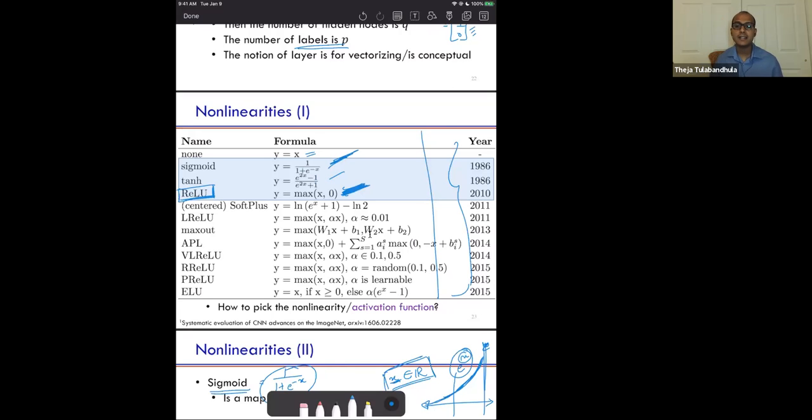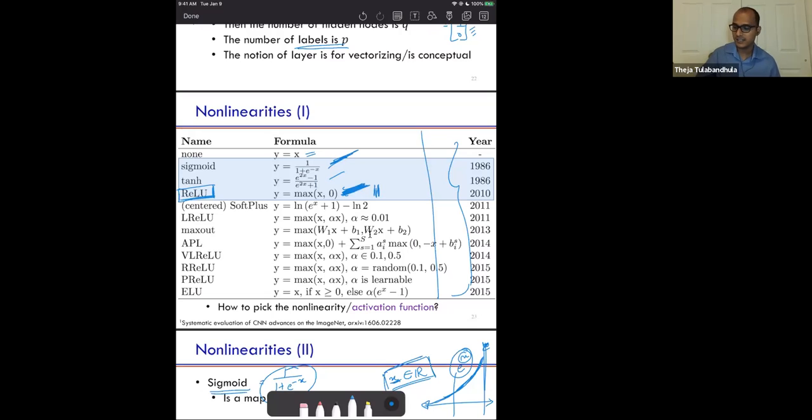It may capture different patterns in the data. Maybe for some data, sigmoid is good; for some data, Relu is good, and so on. A priori, we cannot really say which one is more useful, because these are 2 different functions. But empirically, at least these days, Relu is a good contender, a good first choice for a nonlinearity.